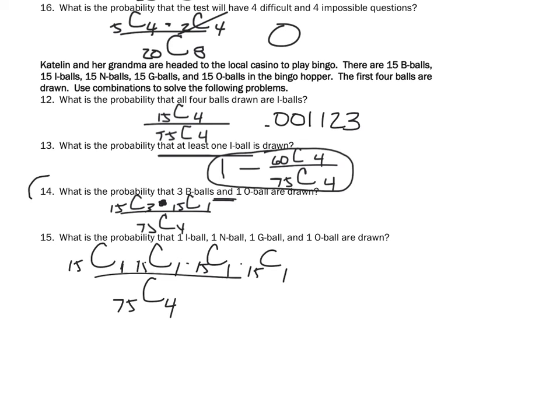Okay, number 14, making sure you do that correctly on your calculator. 15 combination 3 times 15 combination 1, and then I'm dividing that total answer by 75 combination 4. And this would have probability of 0.0056. Once again, not very likely to happen.